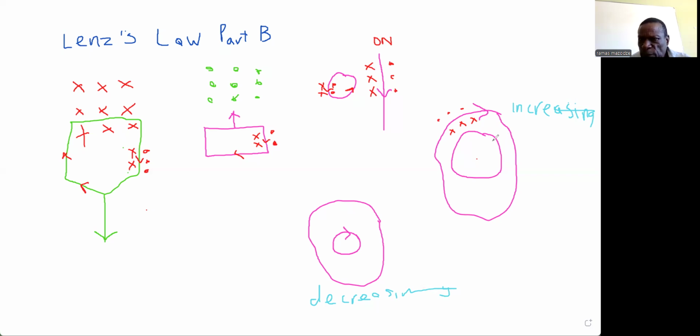So therefore, if the current is increasing, the magnetic field is also increasing. The bigger the current, the bigger the magnetic field around the conductor. Which means an increase, it means the field inside the coil, let me use this section of the coil, the field inside there will be opposite, because it is an increase.